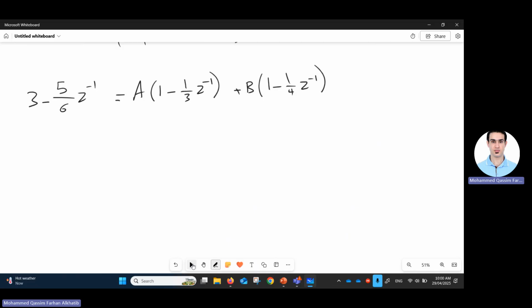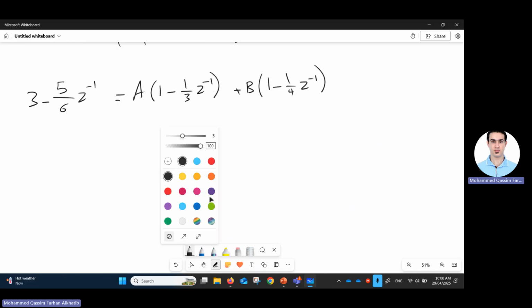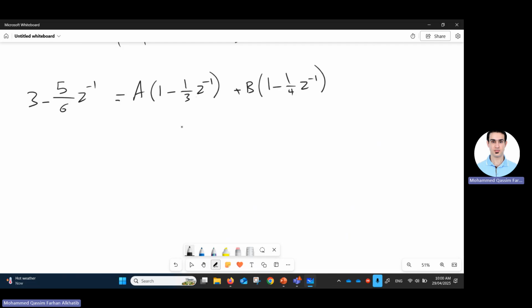For example, what will be the value of z that will make this expression equal 0? So we'll start at z equals, I want to terminate this expression. A is a constant, unknown. And I have 1 minus 1 over 3 z negative 1. That expression should equal 0.